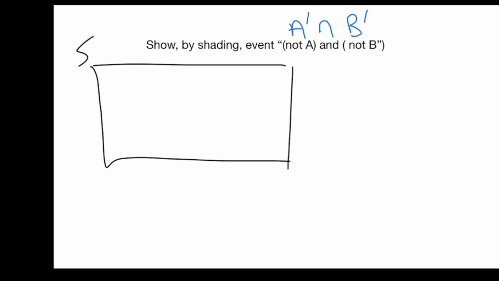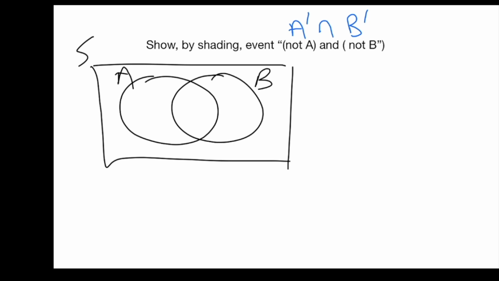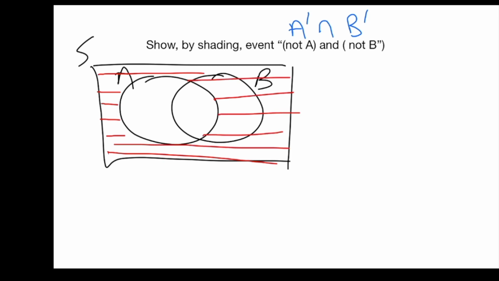Start by drawing your sample space. Draw set A inside and draw set B inside. All right, so not A means outside A. So let me use red to shade outside A. So outside A is everything that is outside A. So that's everything outside A there.